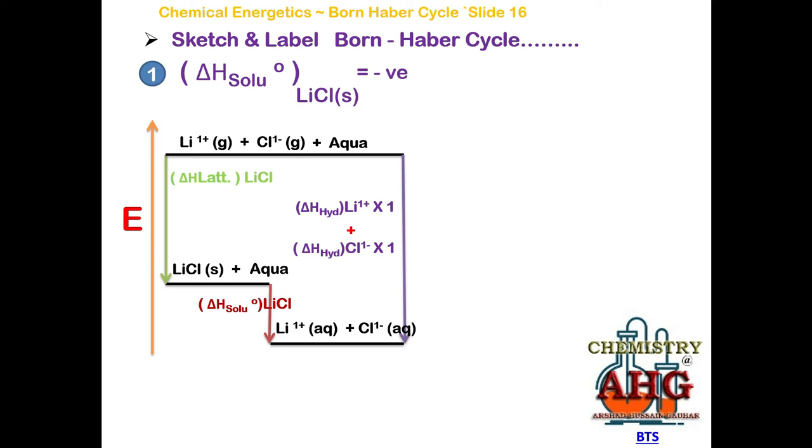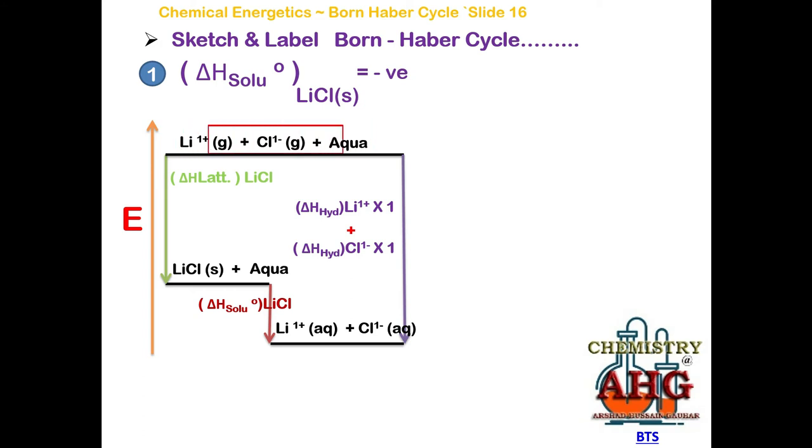Now you can also apply Hess's law to this Born-Haber cycle, and I can tell you a simple trick to identify the initial stage and final stage. I have already told you, but I am telling you again, the initial stage is always the stage where the arrows take a start. Right now, which stage is the initial stage?